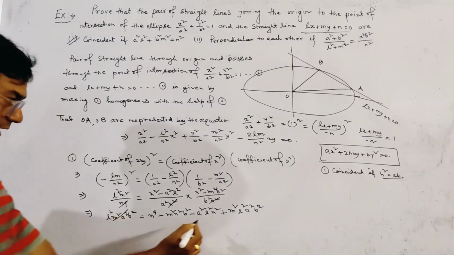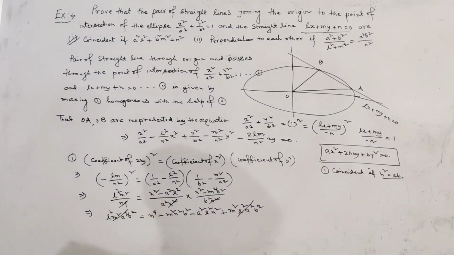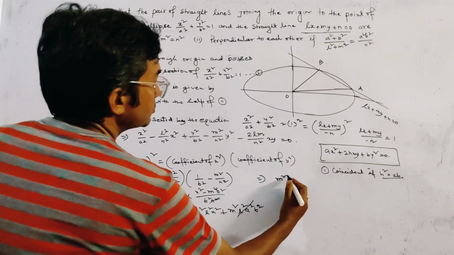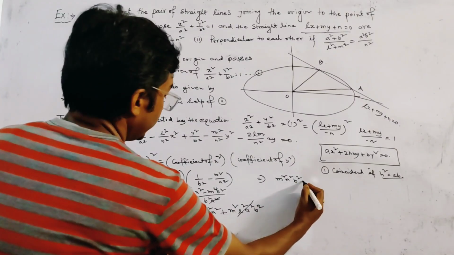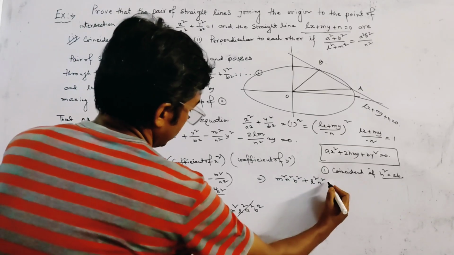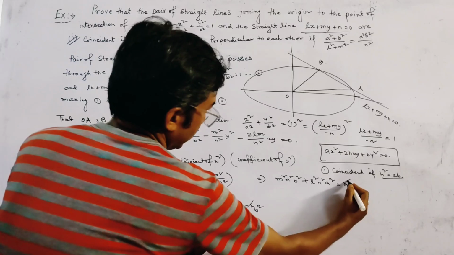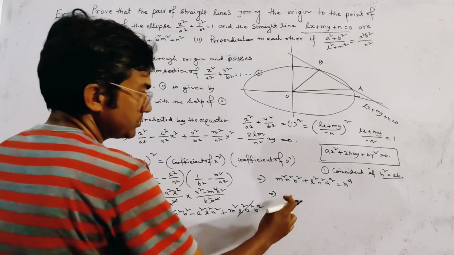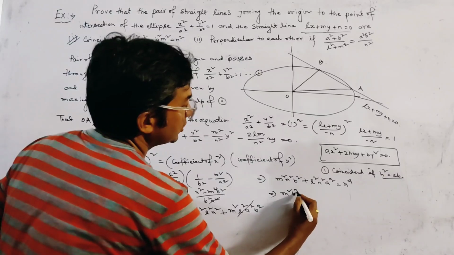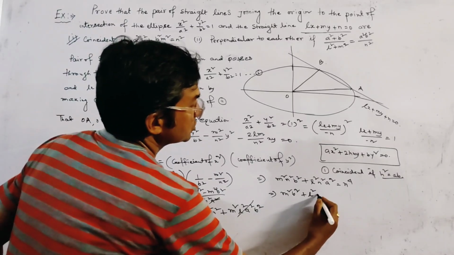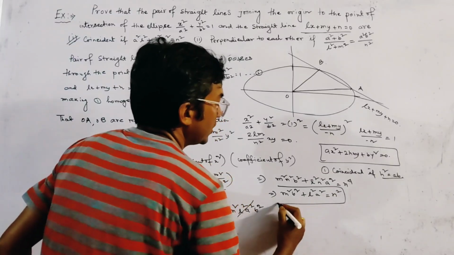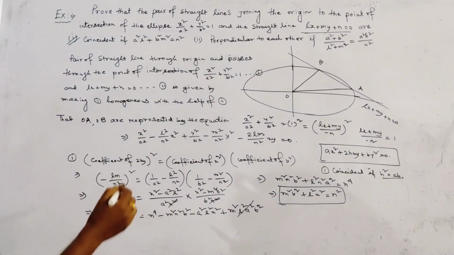These terms cancel out from both sides, and we get the relation m square n square b square plus l square n square a square equal to n to the power 4. If we cancel out n square from both sides, we get m square b square plus l square a square equal to n square.